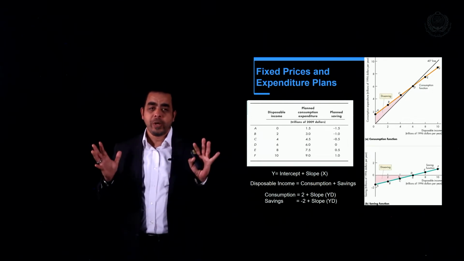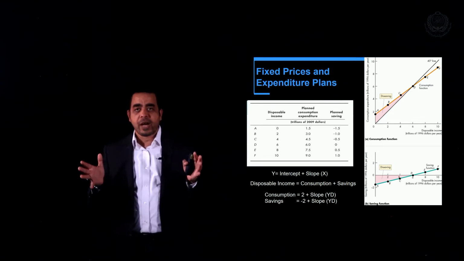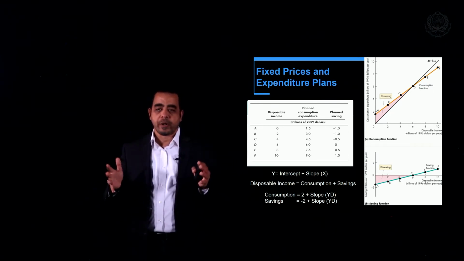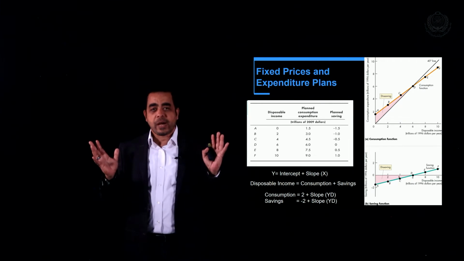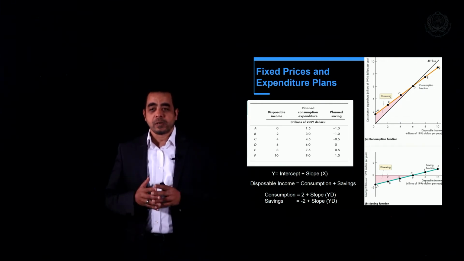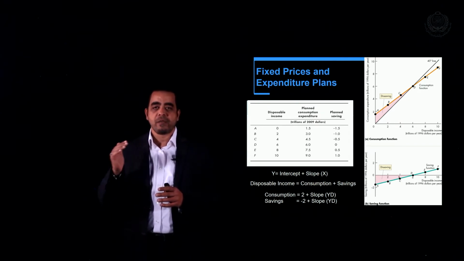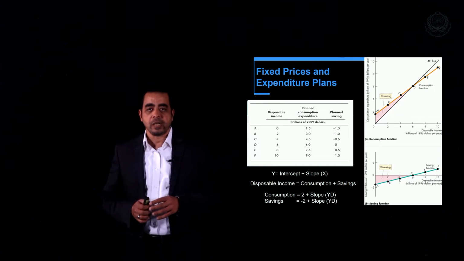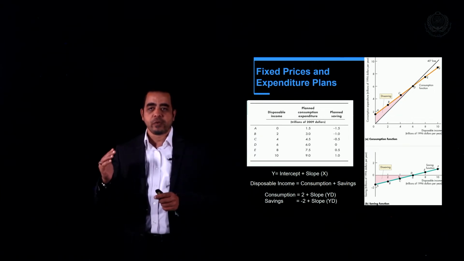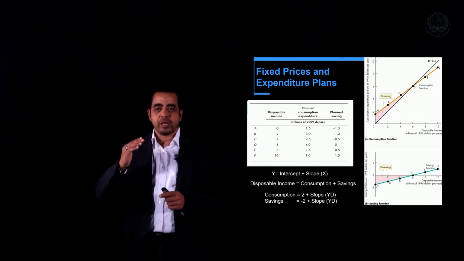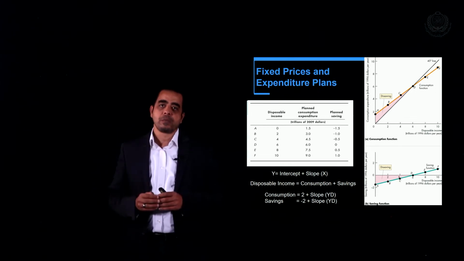Now we are going to divide our curve into two parts. The first part, which is shaded in red, as you can see, is where the consumption function is above the 45 degrees line, which means that our level of consumption is above our disposable income.